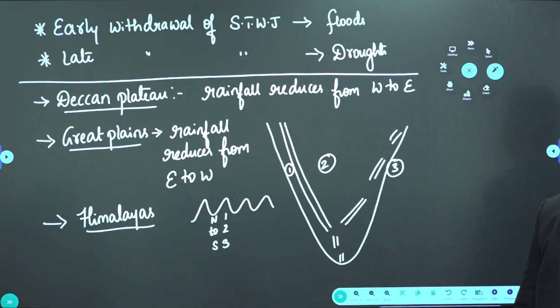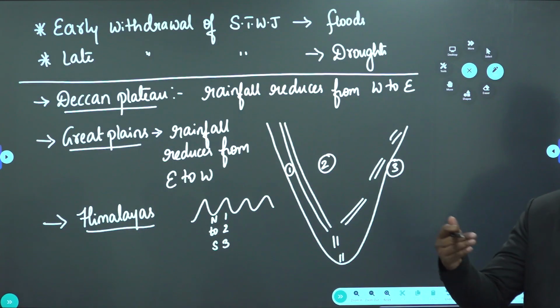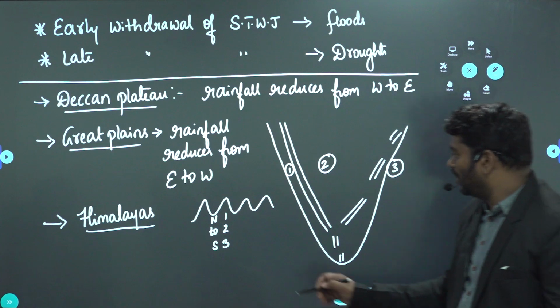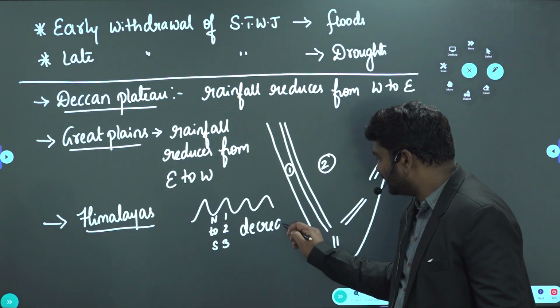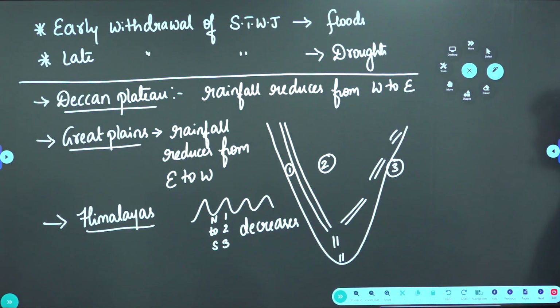See, closer to the mountain you will always have orographic rainfall. Away from it you will have less. So, north to south, it decreases. Fine. Next.